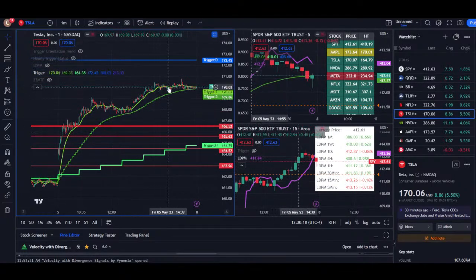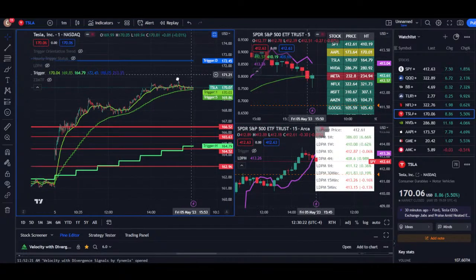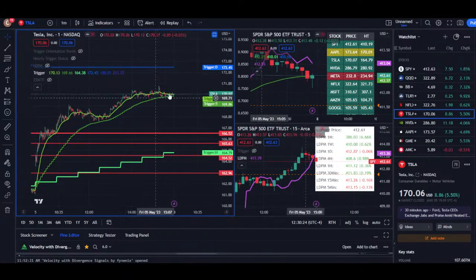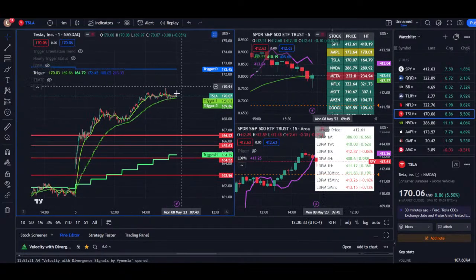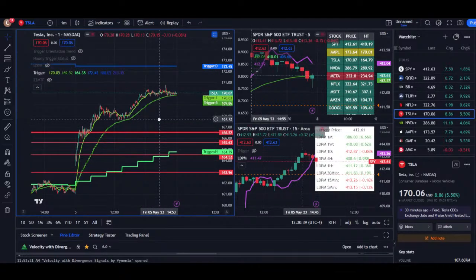And then you guys can see price holding the 5-minute trigger all day. That's your easy sign to hold on to calls. And I could bet that if Friday didn't end at 4 p.m., if there was another 3 hours left of trading, more than likely price will move up to this 172 level, which I'm sure it'll do on Monday either way. But that is essentially how we use.